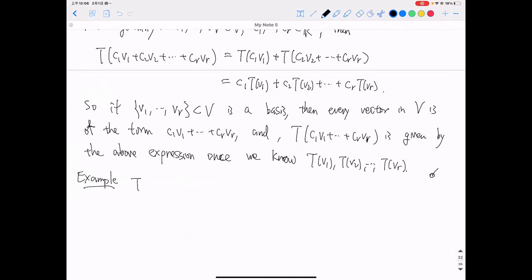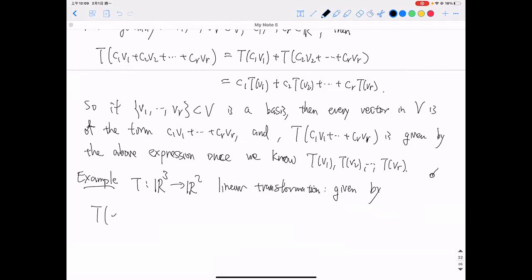So suppose I have a linear transformation from R3 to R2.